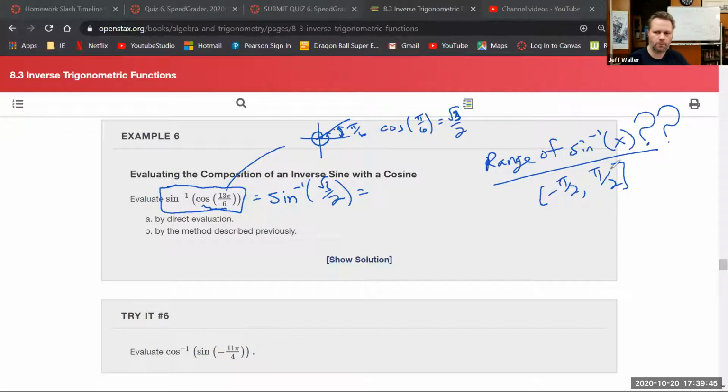So when am I going to get a negative output for inverse sine? What quadrant would I have to be in, or what would the input have to be? What kind of number would it have to be to get a negative answer?